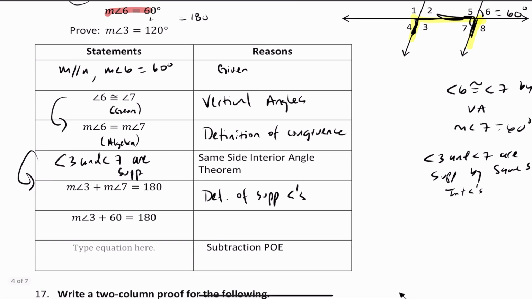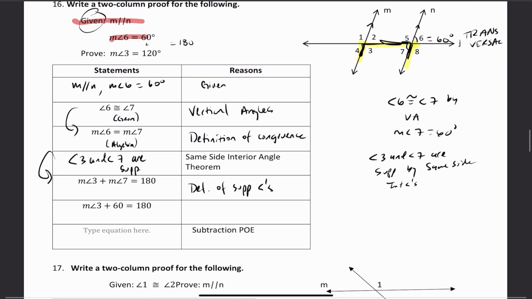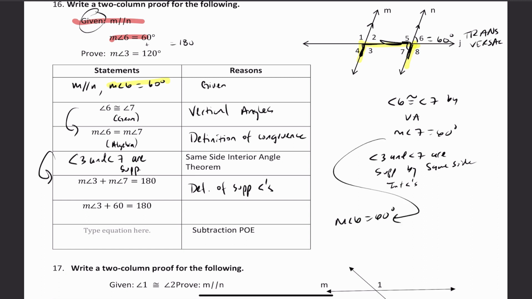So we know that the measure of angle 6 is 60 degrees, right? So if the measure of angle 6 is 60 degrees, then that means that the measure of angle 7 is also 60 degrees. And that's just me, measure of angle 3 plus measure of angle 7, that becomes 60 degrees here.